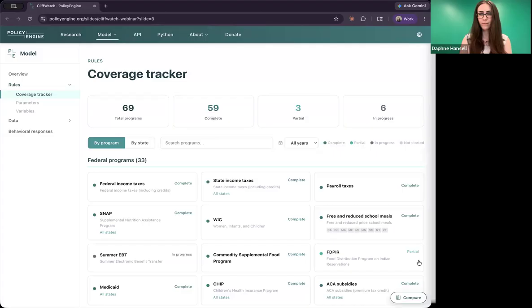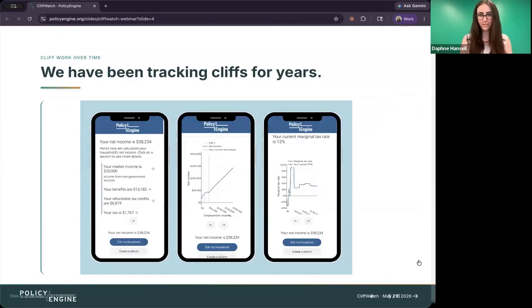So we're really trying to establish the most complete picture of household net income as possible, and we've been studying this question of cliffs for years. This is a very old version from 2023 of our old web app, but we've always had a soft spot for this chart where you have earnings on the x-axis and net income on the y-axis.